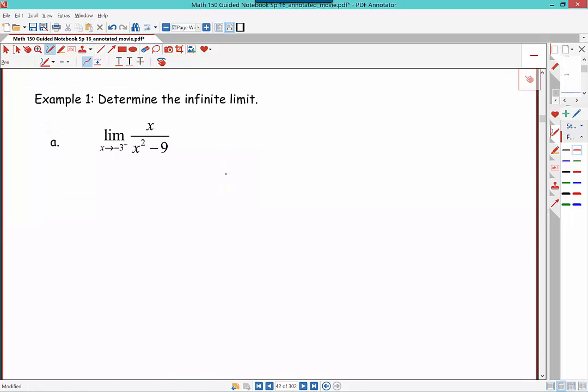Okay, so here we go. There's different ways to determine infinite limits: graphing, tables, all that kind of stuff. The first exam, we're not going to be using calculators, so there are some ways a person can do this. You can plug in values that are very, very close to the domain value you are approaching.